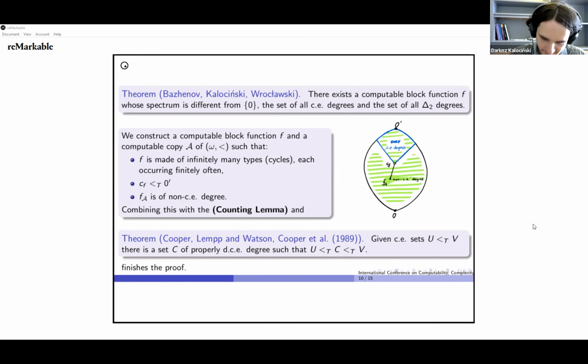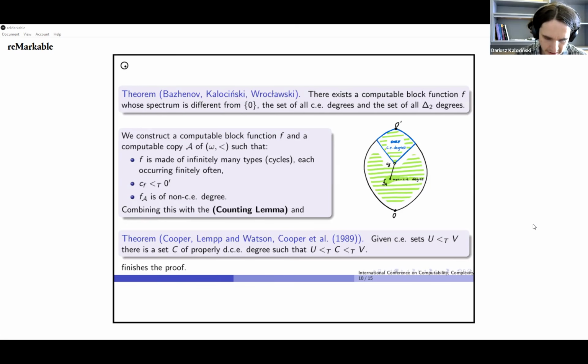So obviously the degree spectrum of the constructed F is not trivial, right? Because it contains a non-C degree. It is not all C degrees for the same reason. And it's not all of delta 2 degrees.